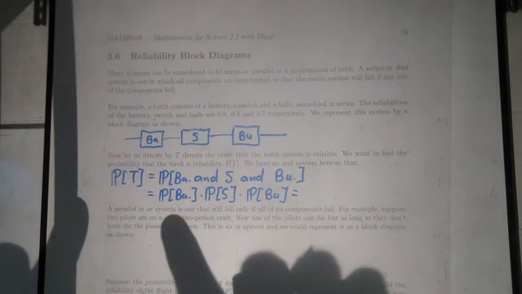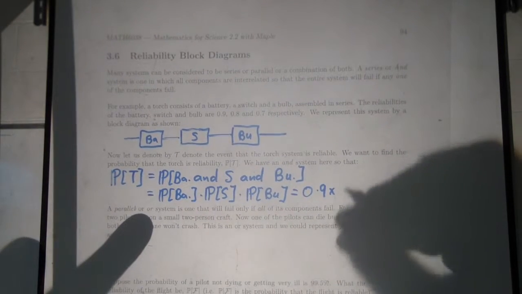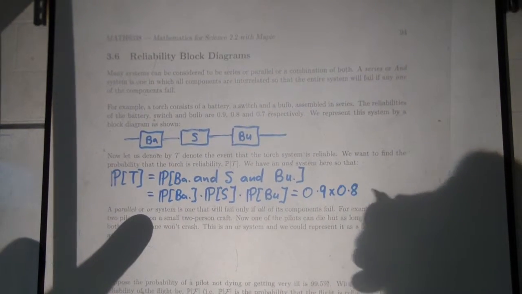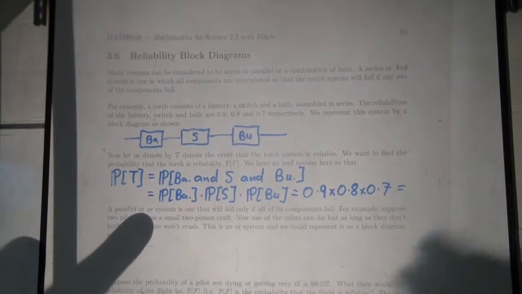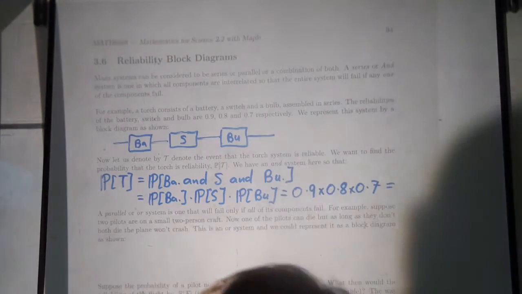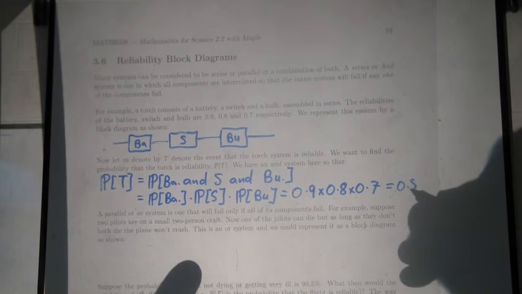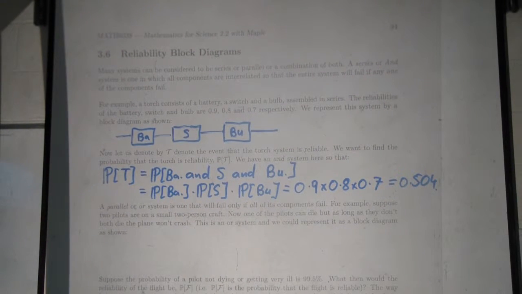So we're talking battery works 0.9, switch works 0.8, and bulb works 0.7. Some of the numbers here are kind of taken out of thin air. There are probably better figures. So we get 0.504. It's a very crap torch. Maybe a kind of Kinder Surprise torch.